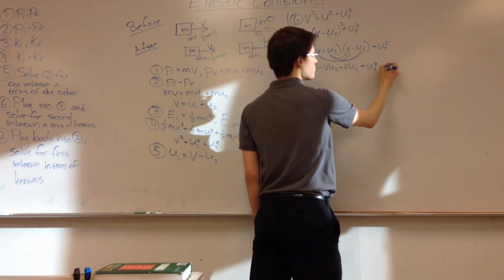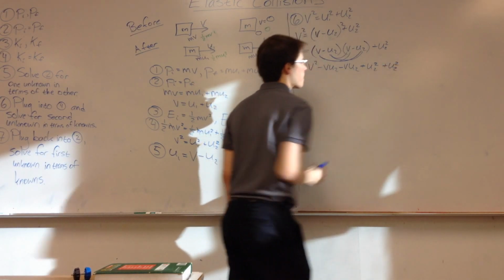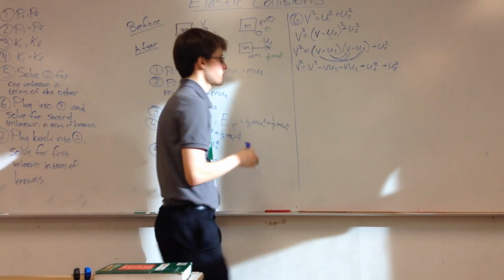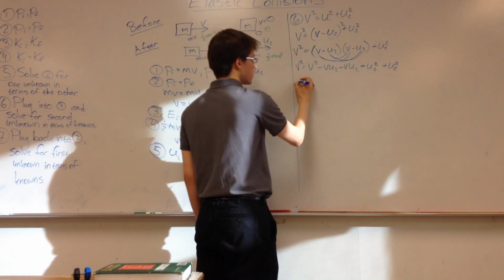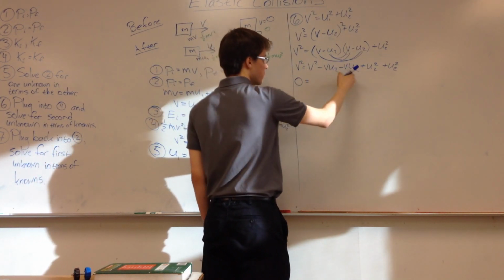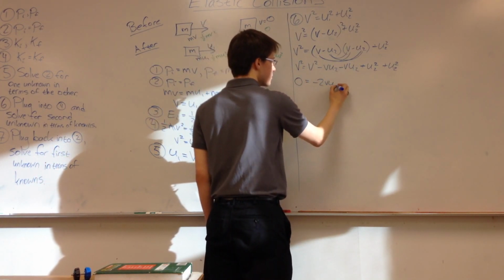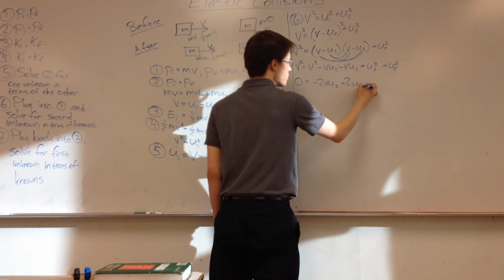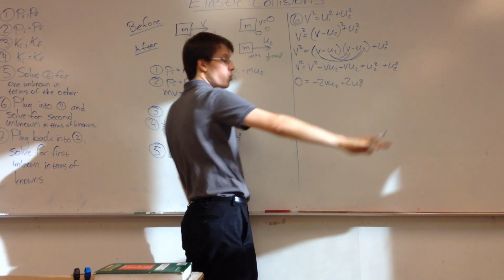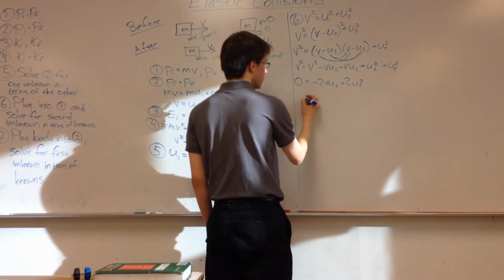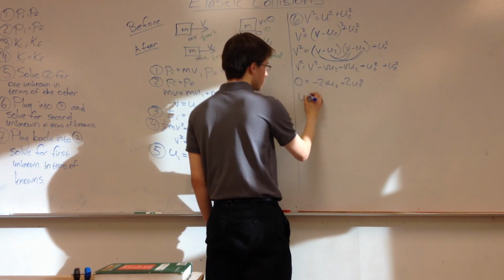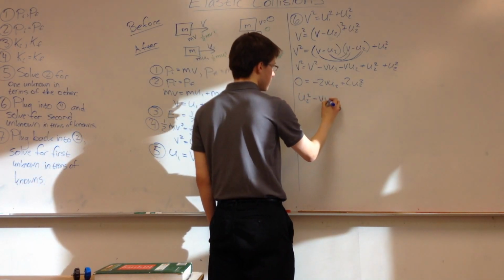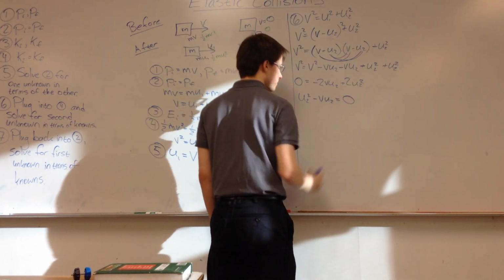And we still have this plus u2 squared on the outside here. So now we can combine like terms. These v squareds go away. So we have 0 is equal to, well, we have negative 2 vu2 plus 2 u2 squared. So we can divide the whole thing by 2, get rid of that, and I'm left with u2 squared minus vu2 is equal to 0.